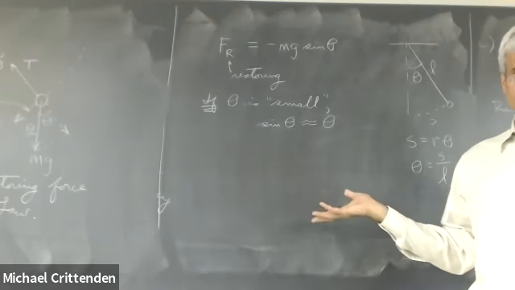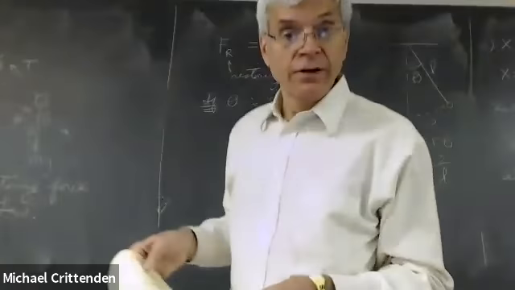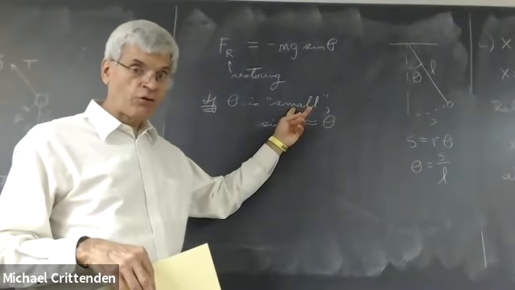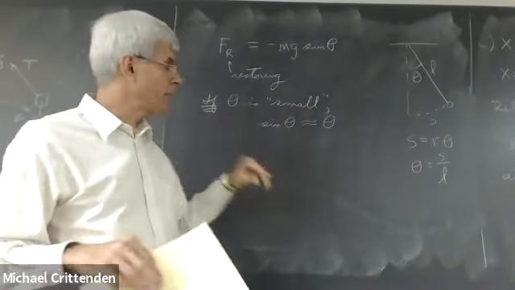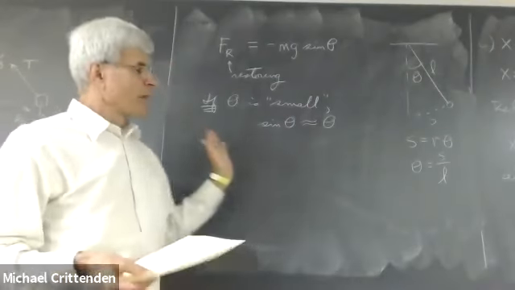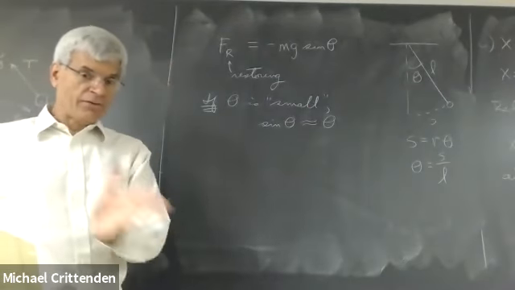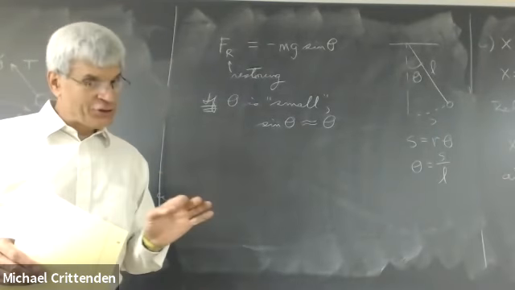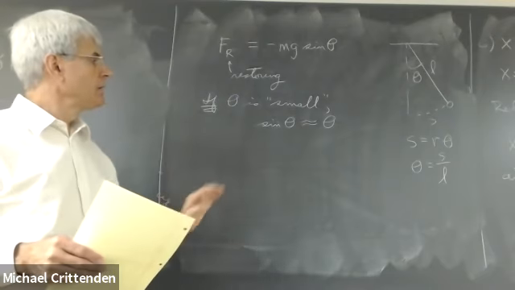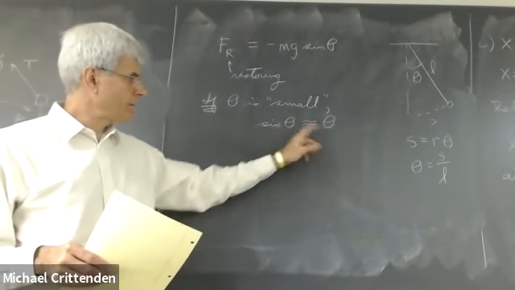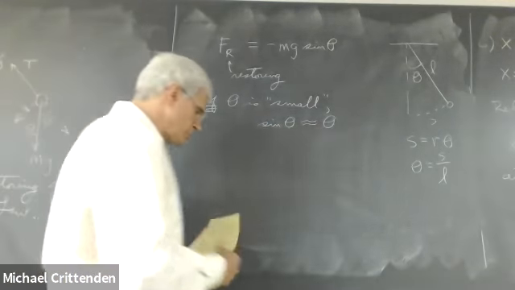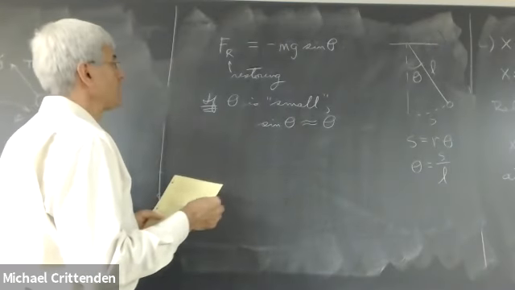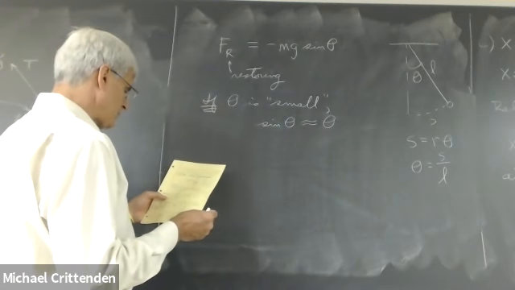But the more precise you want to be, the smaller small means. For any number of decimal places that you want to go to, there is a sufficiently small angle where you could make this true, so that it would not affect your answer within the level of accuracy that you care about.